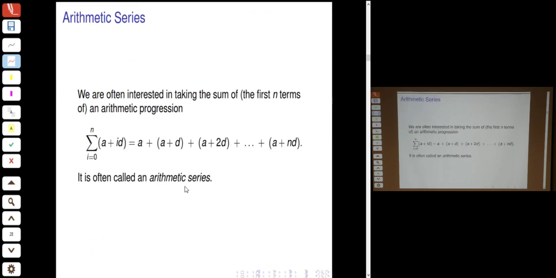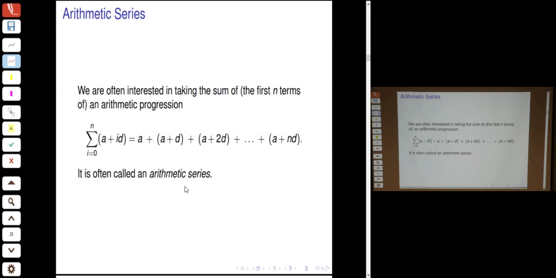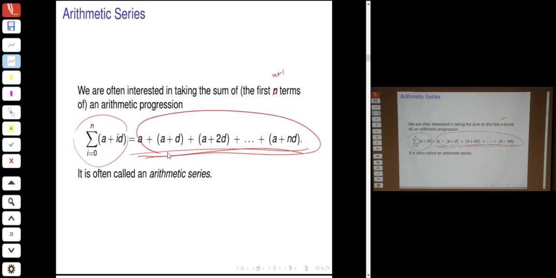And if you take an arithmetic progression and calculate the sum of the members of that arithmetic progression, starting from the first term up to the first n terms, you get this. Actually, this is n plus 1 terms. So you can expand it as this kind of a sum.